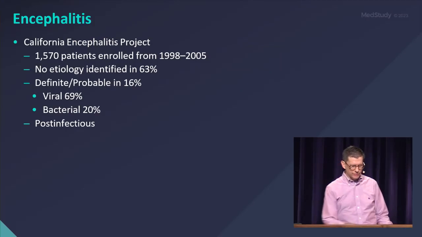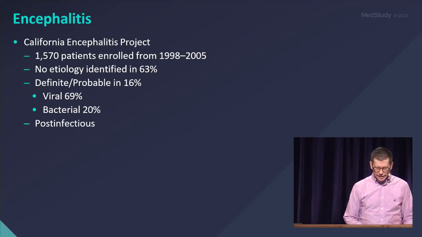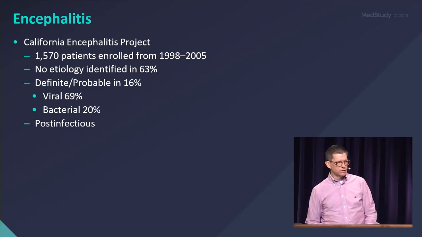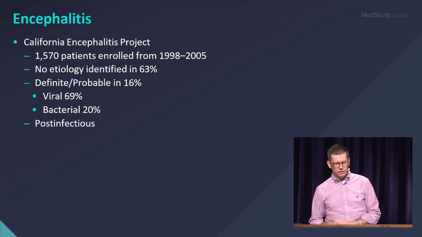So when we talk about encephalitis, when they looked at the California Encephalitis Project, the majority of the time they could not identify a pathogen for the patient to have encephalitis, and when they were able to identify it, it typically was a viral illness.